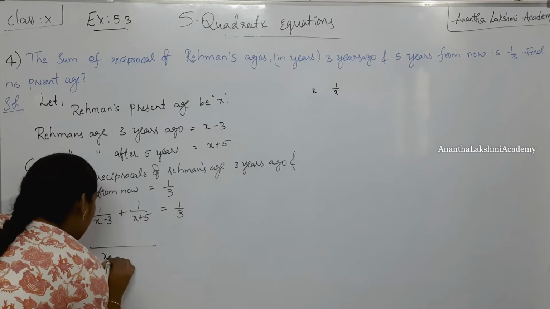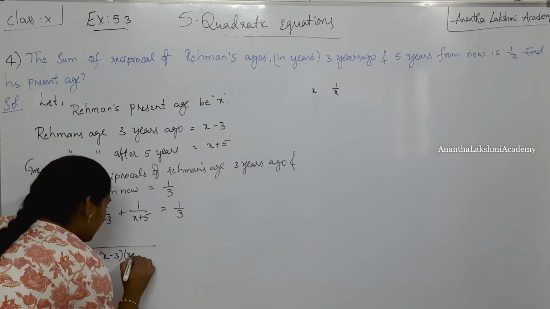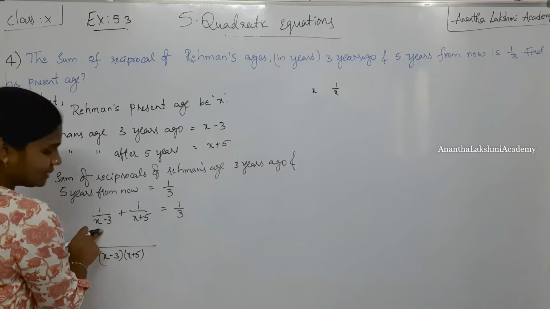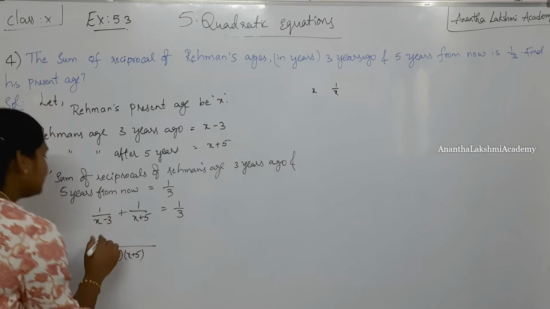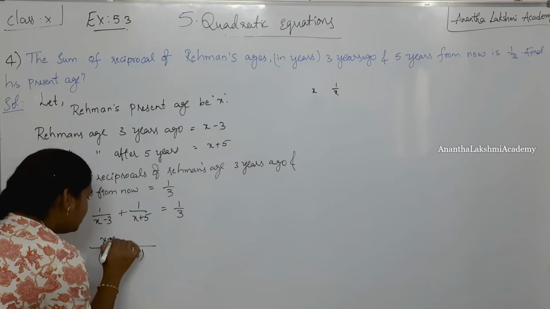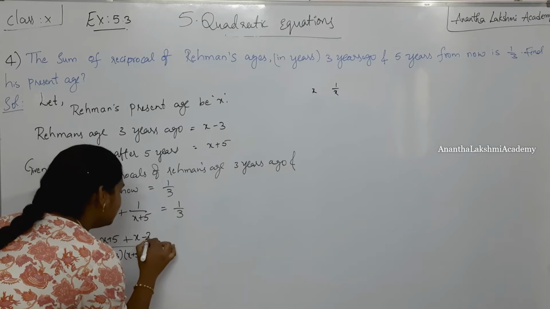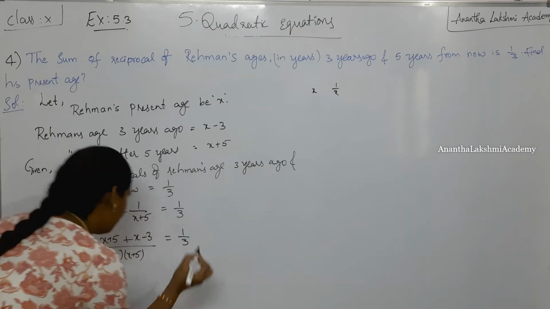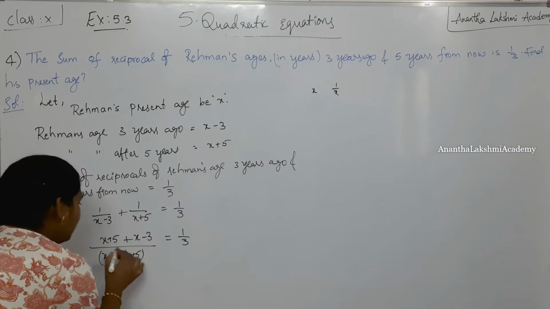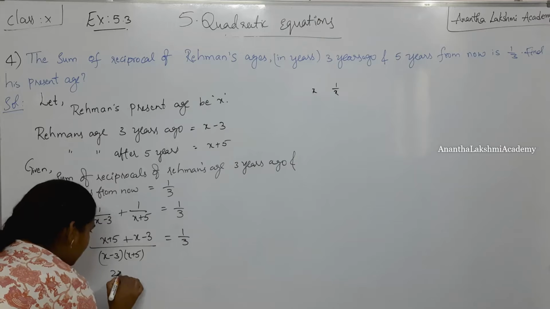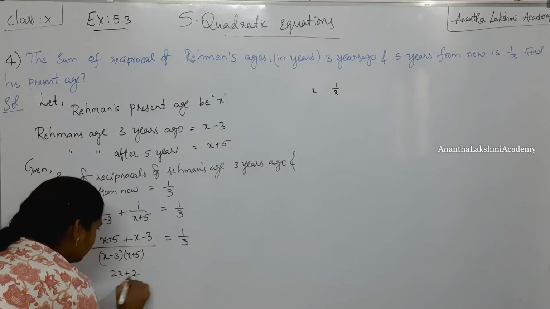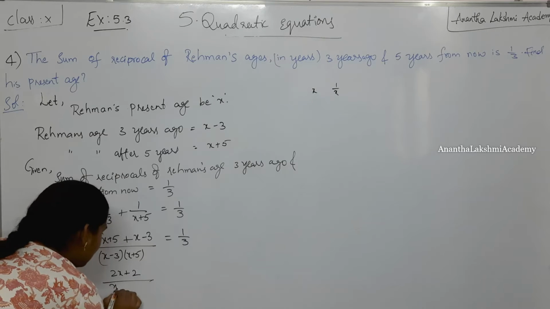This is going to be x minus 3 into x plus 5. As we have x minus 3 here, that gets cancelled and you get x plus 5 here. And as you have x plus 5, that gets cancelled and you get x minus 3, which is equal to 1 by 3. Now, x plus x is 2x, plus 5 minus 3 is 2, by x minus 3 into x plus 5.